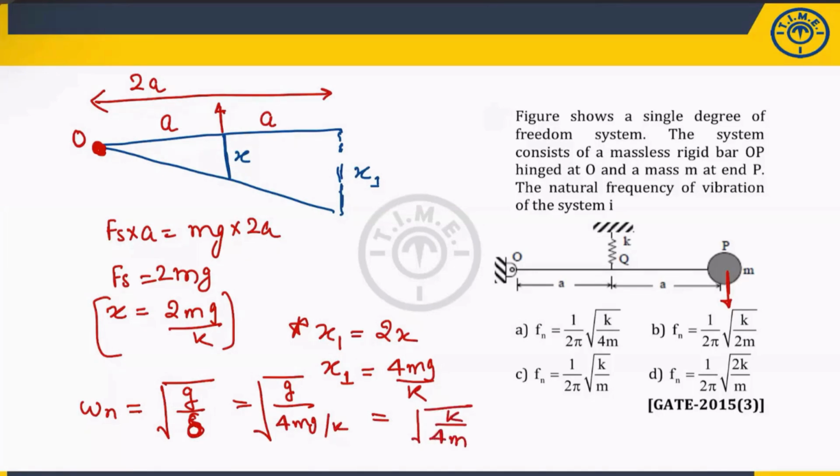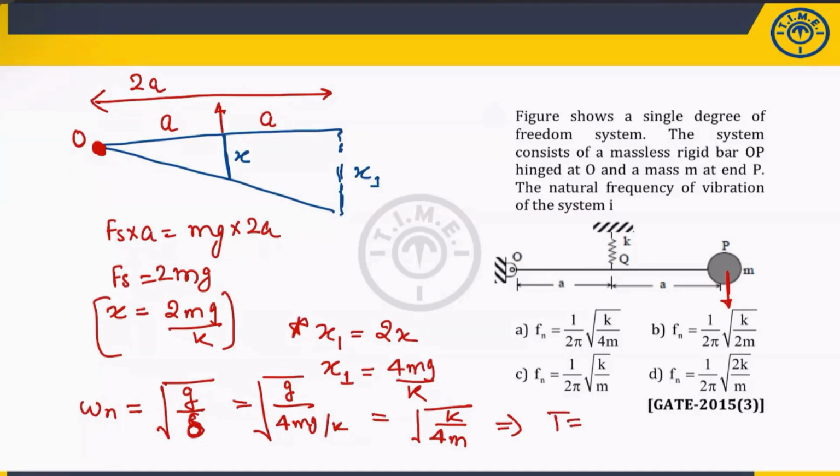So you got the natural frequency is root of k by 4m, but they are asking for it in terms of hertz. That means the frequency.